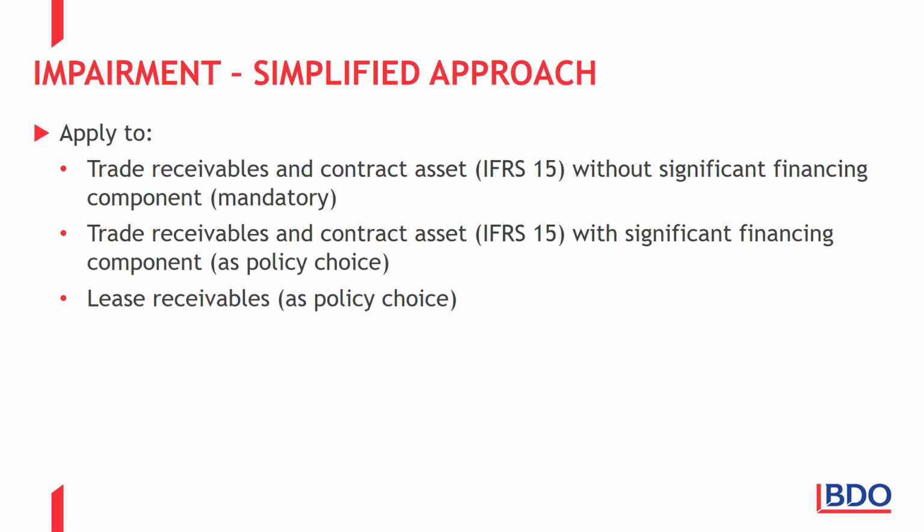If you have trade receivables and contract assets with significant financing components, you've got a policy choice to do the general approach or the simplified approach. And if you've got lease receivables, you've got a policy choice. So I think it's important when we look at impairment to first of all look at, do I apply the general approach to my particular financial asset or the simplified approach, and what are the rules around that?